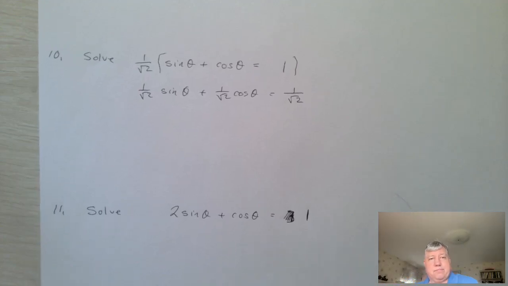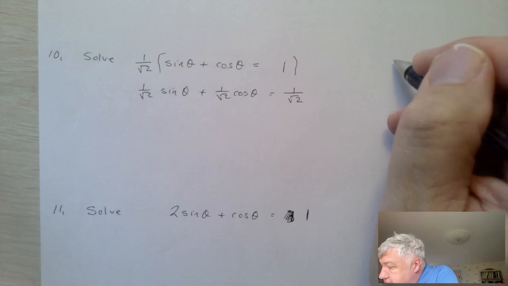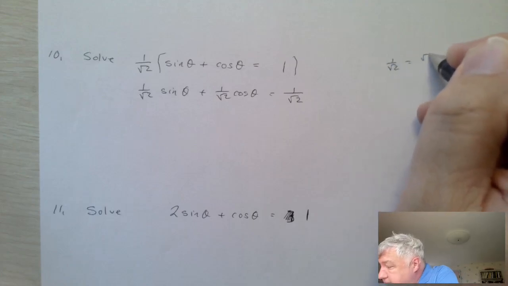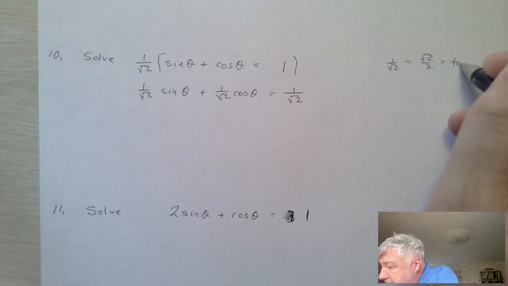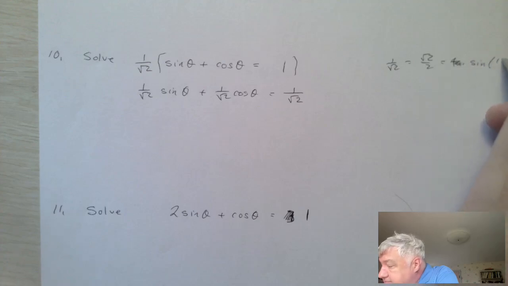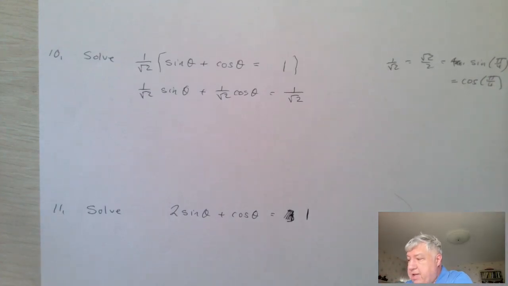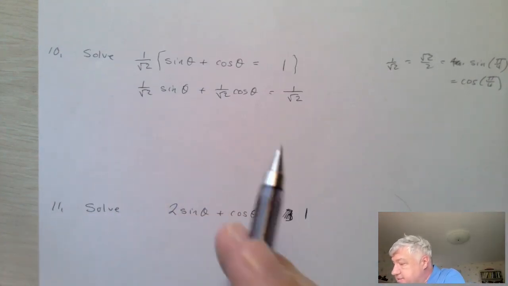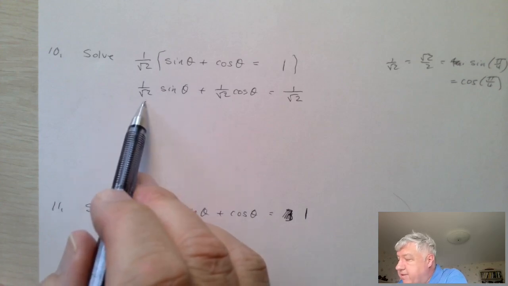Now, 1 over square root 2 is the same thing as square root 2 over 2, which is the sine of pi over 4, as well as the cosine of pi over 4. Okay, so we can actually write this as the cosine of pi over 4.